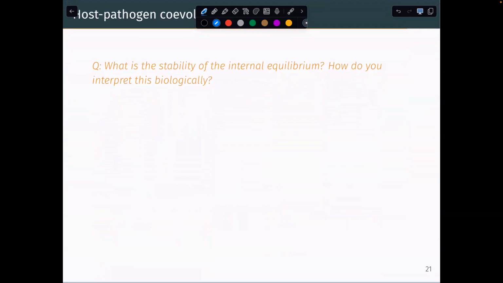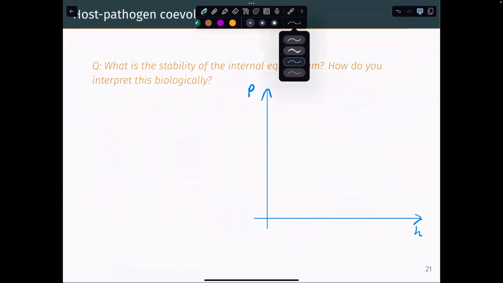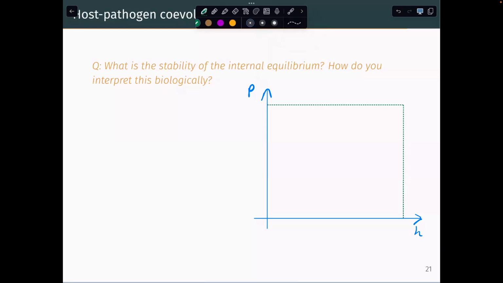So what I'm going to do is sketch a phase plane of this. It's easier to see what's going on. So this is my frequency, the host on the horizontal axis, pathogen on the vertical axis. Remember, I've said that we're bound to this unit square. I'm actually going to sketch on my null lines.